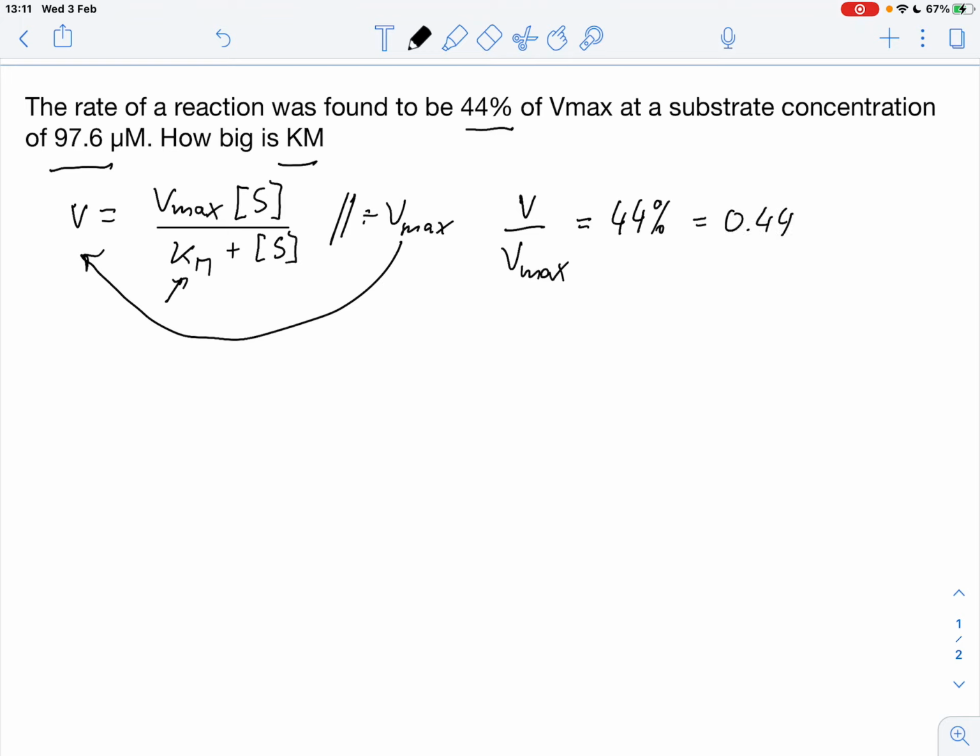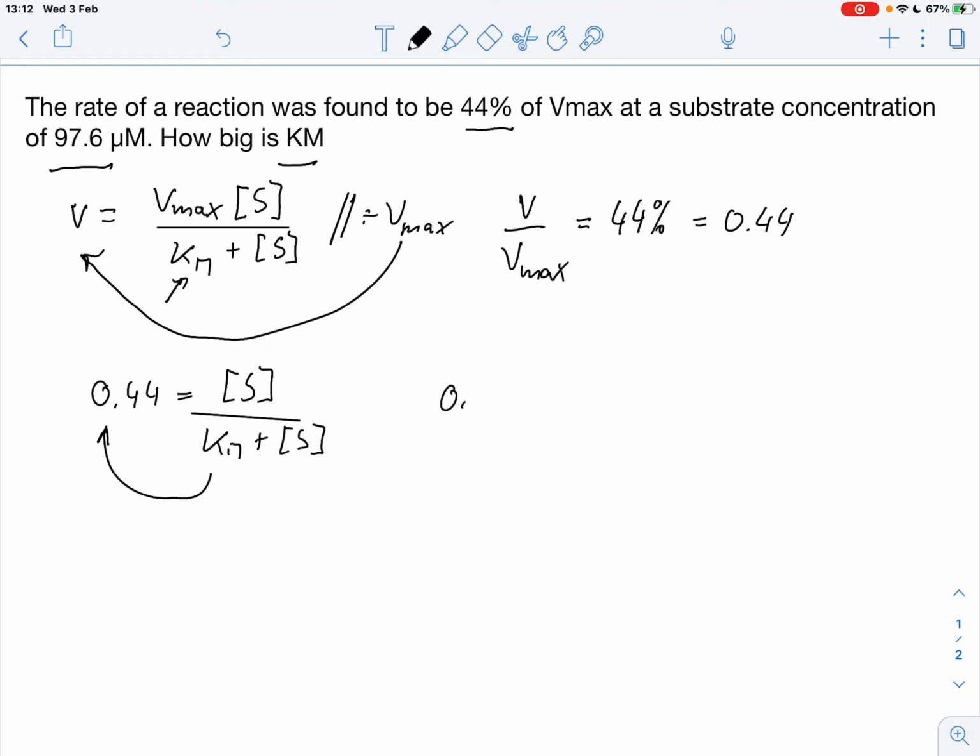So that's this percentage here. And so we have 0.44 equals S over Km plus S. So what we do is we bring this part to this side.